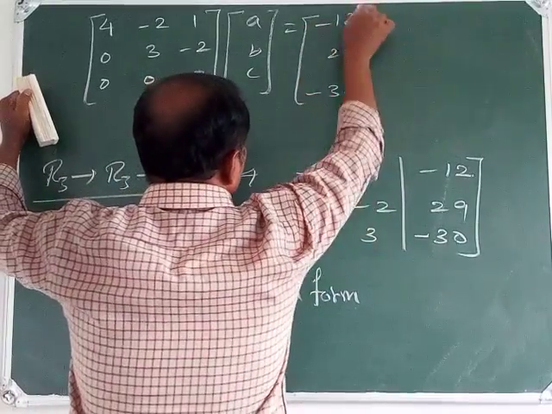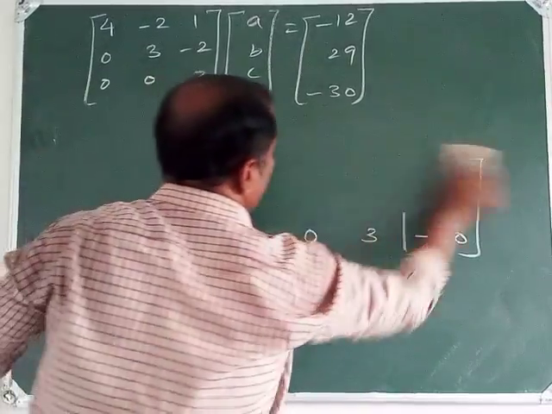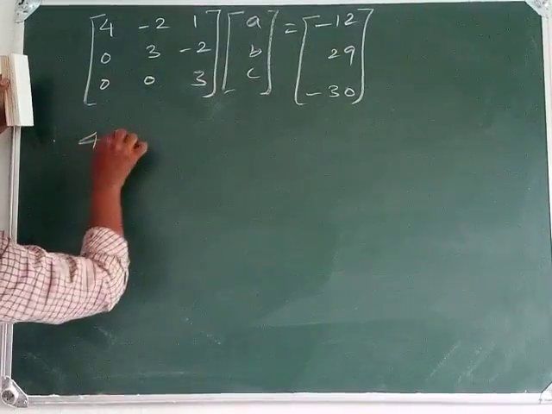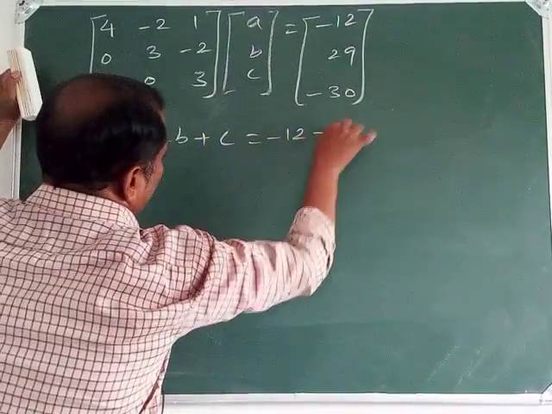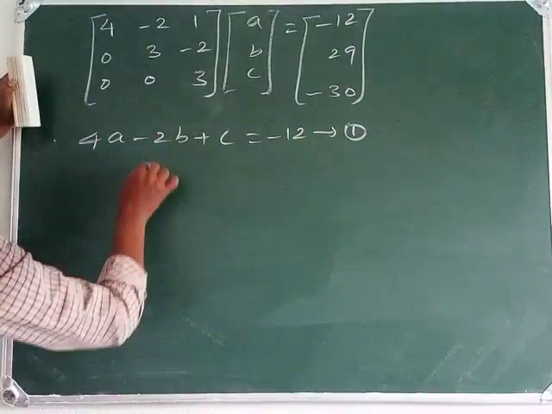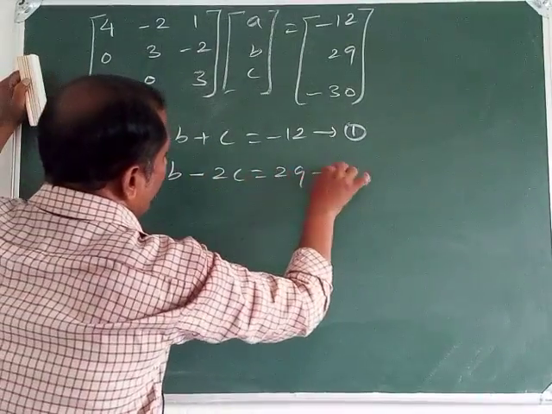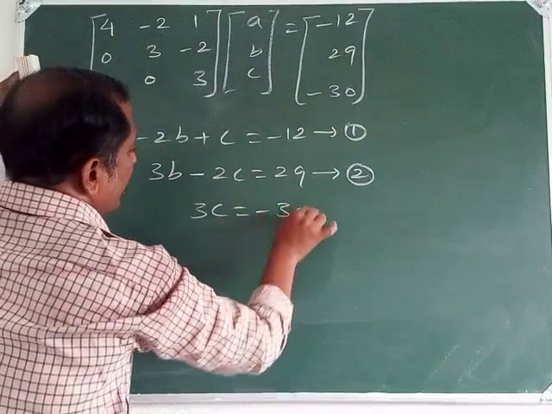Right. We have to frame equations using the last matrix. So the equations are: 4a minus 2b plus c is equal to minus 12, first equation. Second equation is 3b minus 2c is equal to 29. Third equation is 3c is equal to minus 30.